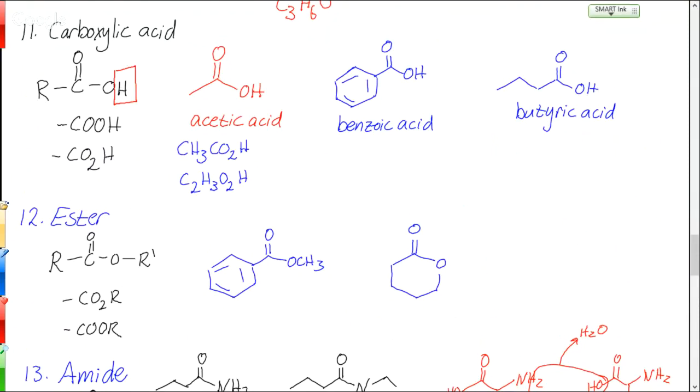So in a carboxylic acid, it's an H. In an ester, it's carbon. Yes, the single bonded oxygen. So what is that second oxygen bonded to? Is it bonded to carbon or is it bonded to hydrogen? That's what tells you those two.